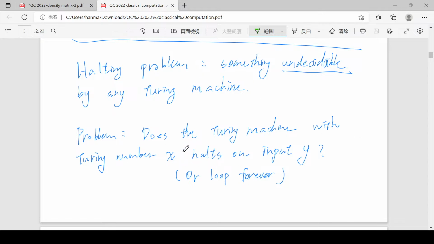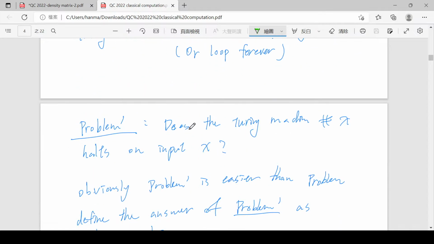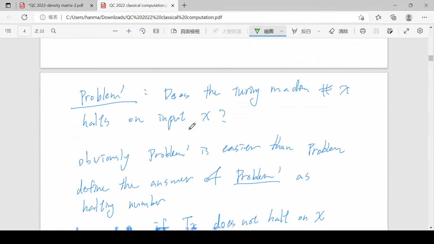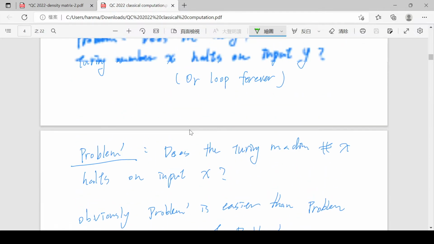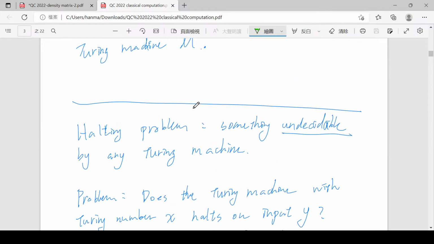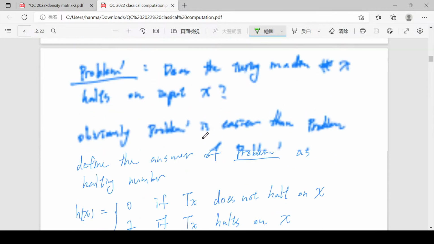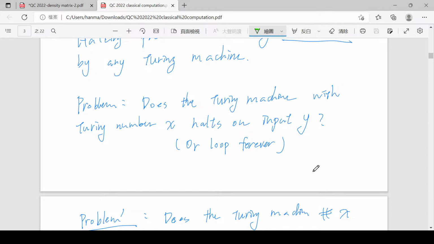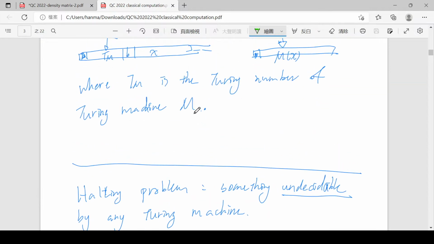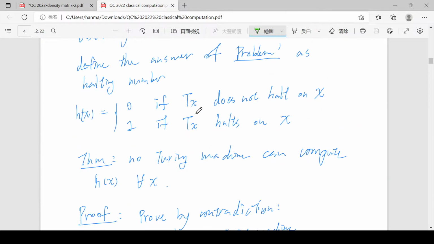So you get X, Y as input to your Turing machine, and hopefully you want to decide whether this halts or loops forever. And people gave a very kind of philosophical contradiction, showing that actually it's not possible to have a Turing machine do this, which we will prove next time. So I guess we can stop early.